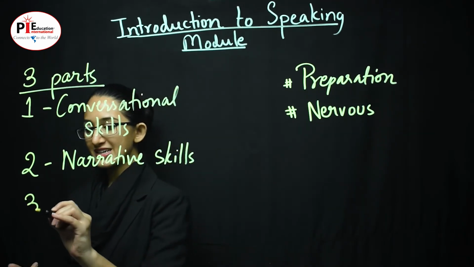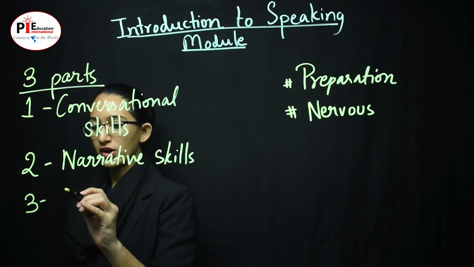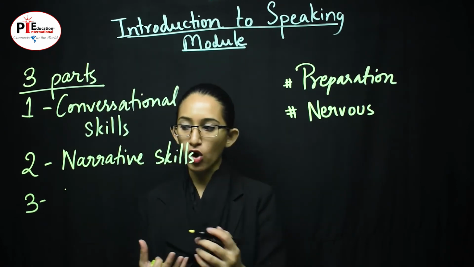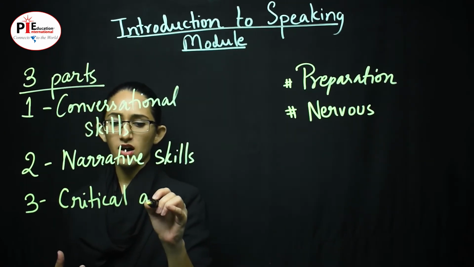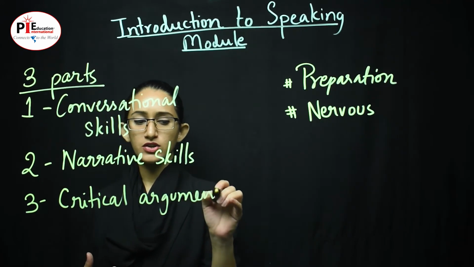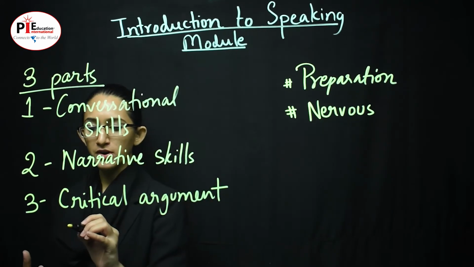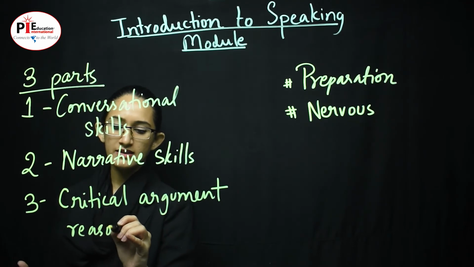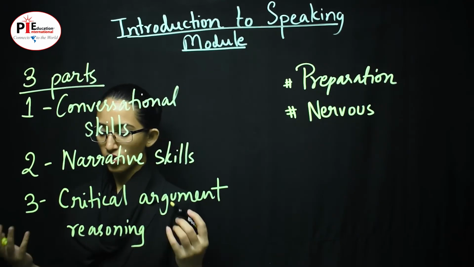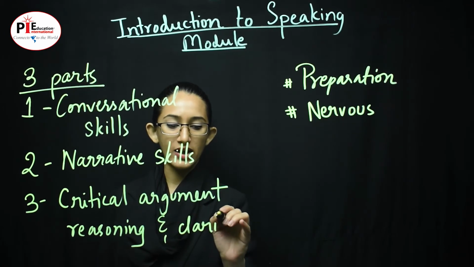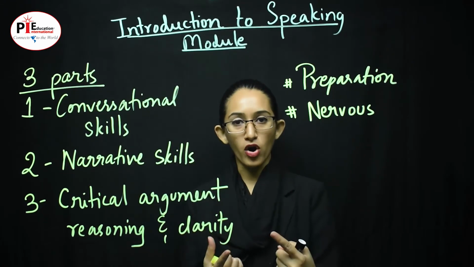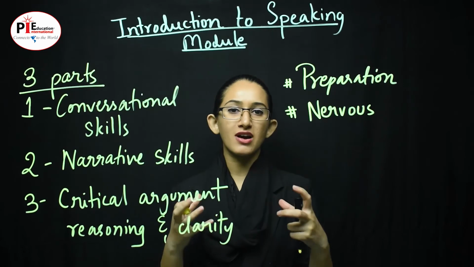Part 3 judges you on how you respond to what we call a critical argument using proper reasoning and also clarity. So how well you can respond to a structured argument.